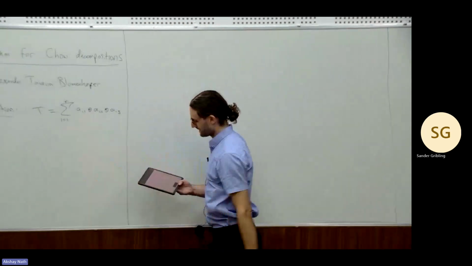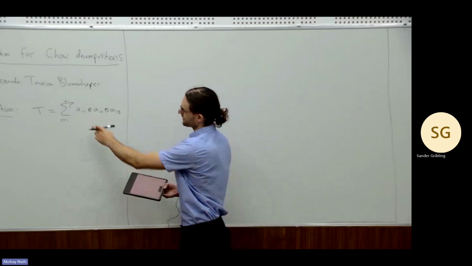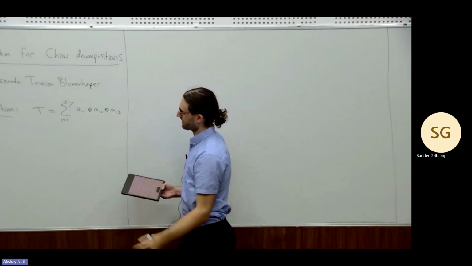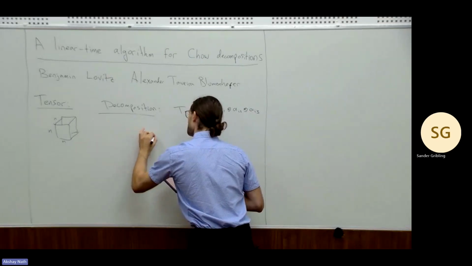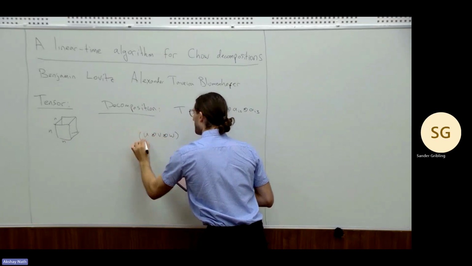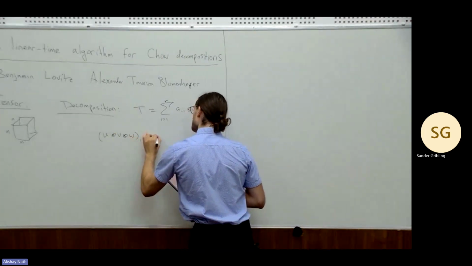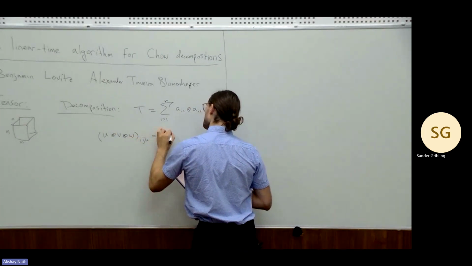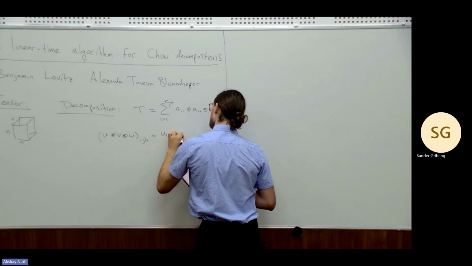In the decomposition, these are three vectors, a_i1, a_i2, and a_i3. The definition of this product: if you have three n-dimensional vectors u, v, and w, this is the tensor whose i, j, k entry is the ith entry of u times the jth entry of v times the kth entry of w.